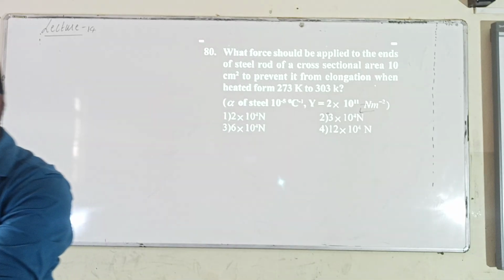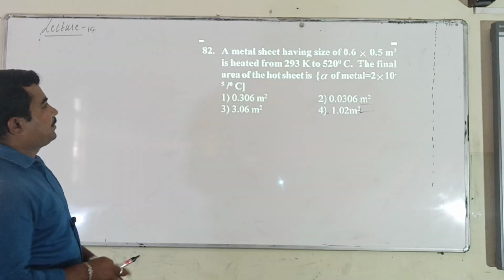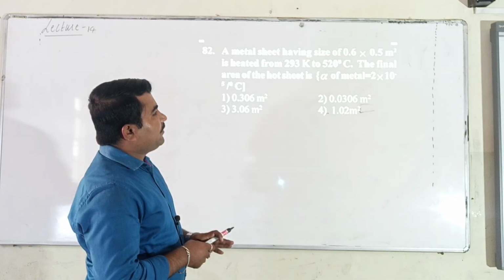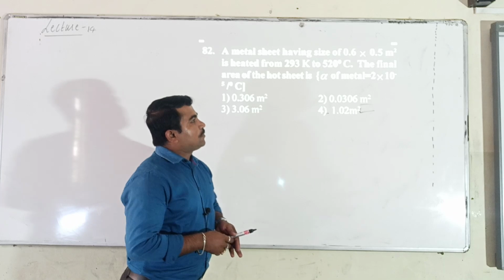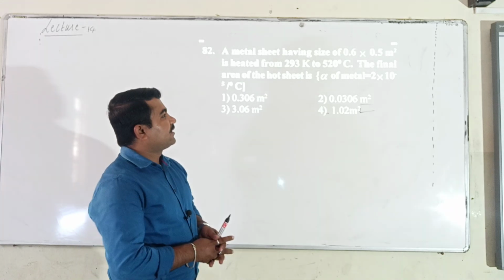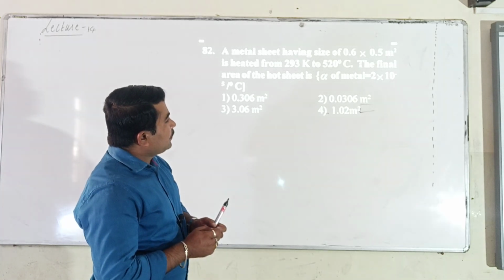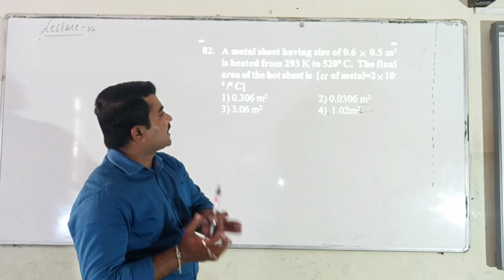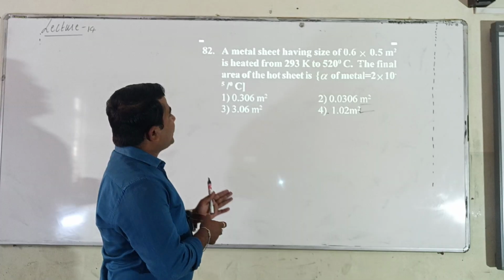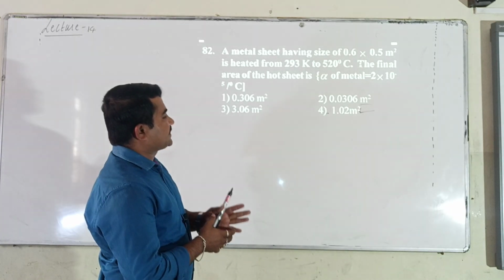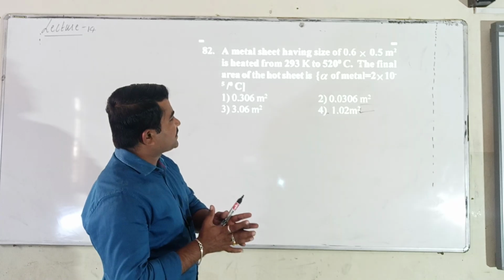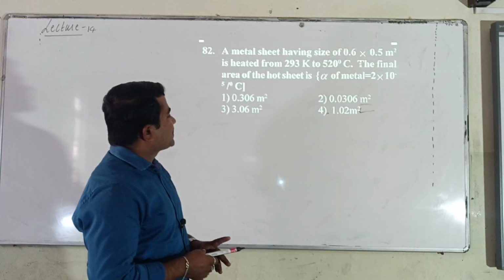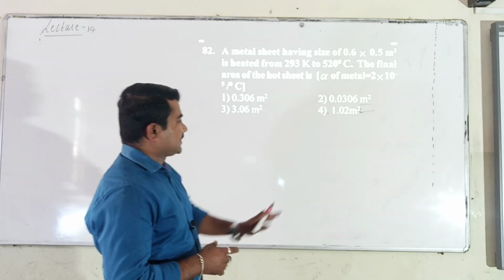Look at me. Next numerical. A metal sheet having a size of 0.6 into 0.5 meter square is heated from 293 Kelvin to 520 degrees Celsius. The final area of the hot sheet is, if alpha is given as 2 into 10 raised to minus 5 per degree Celsius.